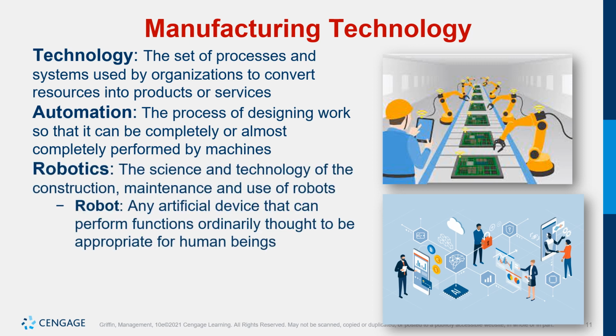Robotics refers to the science and technology of the construction, maintenance, and use of robots. A robot is any artificial device that is able to perform functions ordinarily thought to be appropriate for human beings. The use of industrial robots has steadily increased since the 1980s and is expected to continue to increase slowly as more companies recognize the benefits that accrue to users of industrial robots.